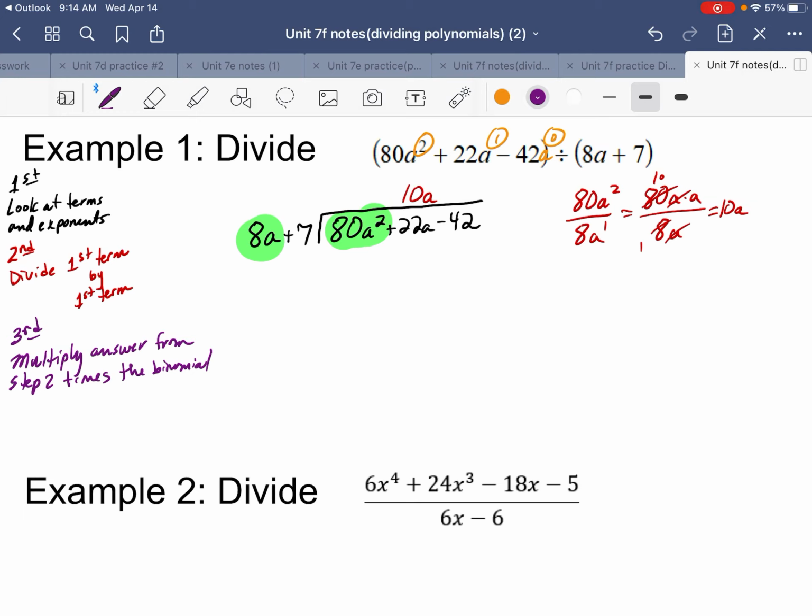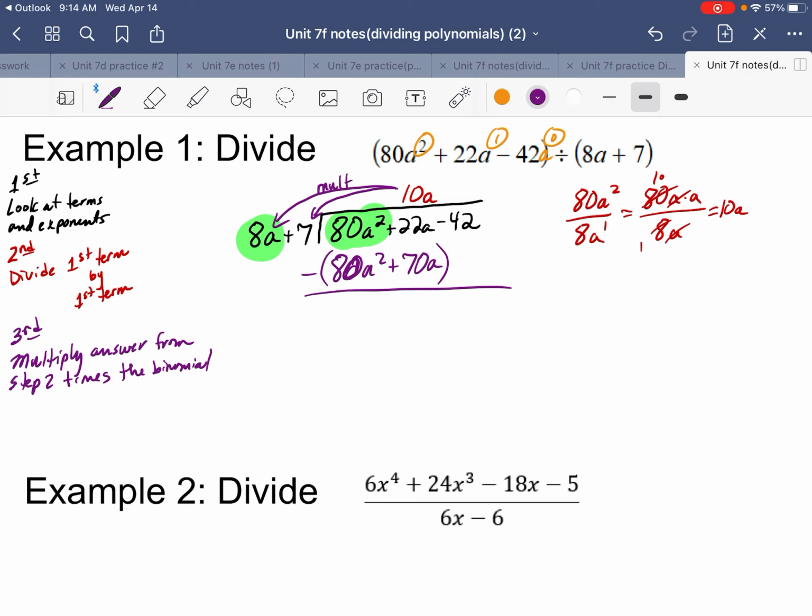So you have 10a times 8a, so multiply this. That's 80a squared. And then 10a times 7, so you're distributing to both terms. So that's 70a. And you subtract.